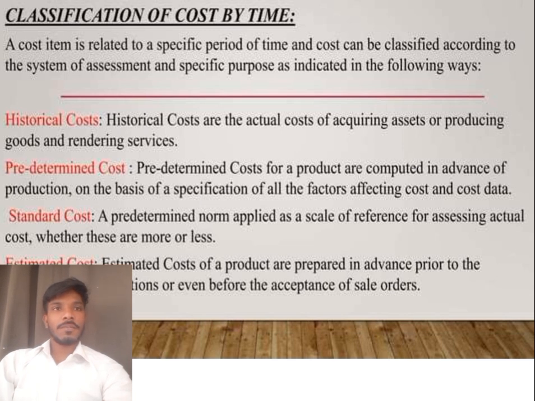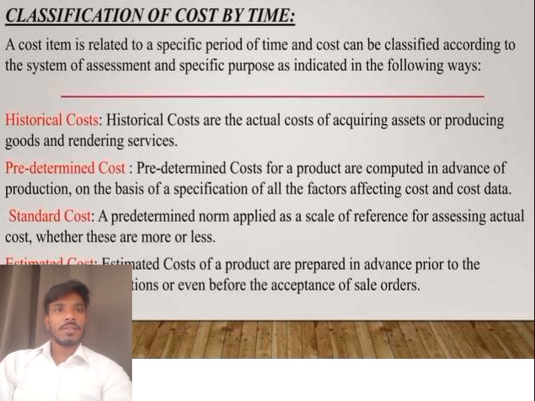Classification of cost by time. Related to a specific period of time, cost can be classified according to assessment and specific purposes in the following ways. Historical cost is the actual cost of acquiring assets, producing goods and rendering services.